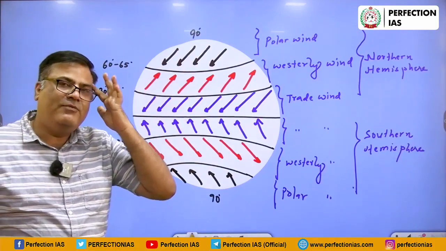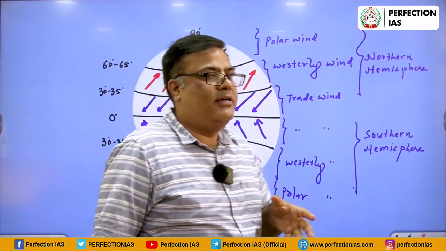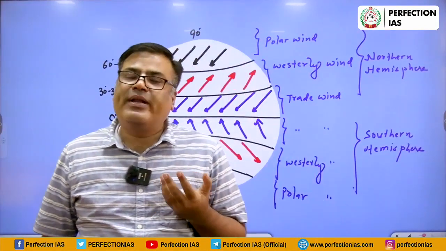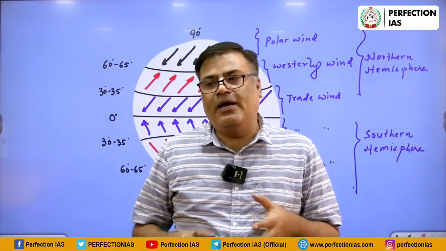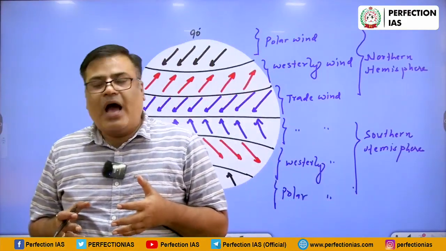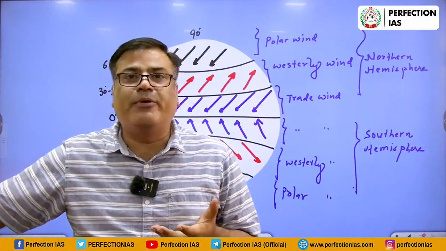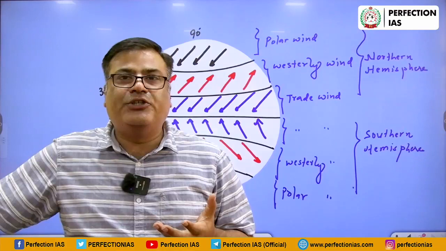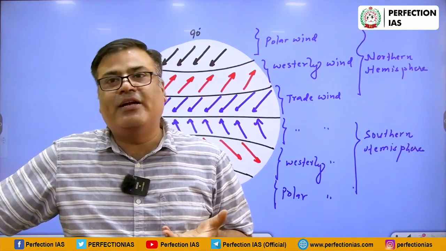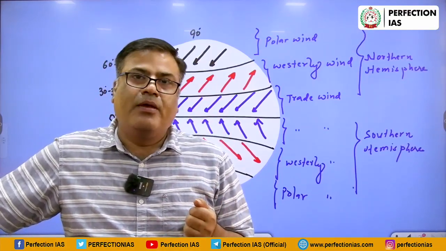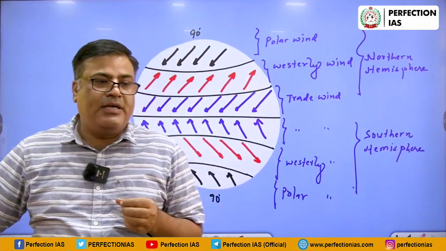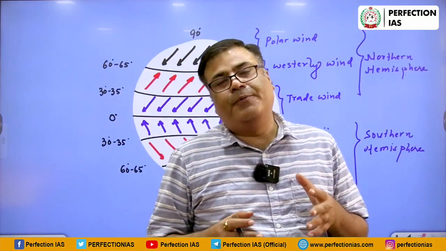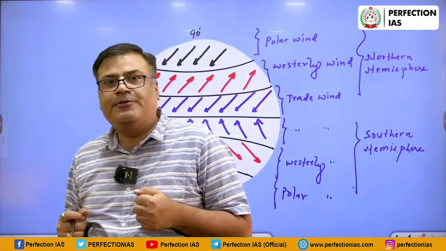Now one by one we need to understand trade winds: originating from where, going where, and what kind of effect they have on the local weather conditions. Are these responsible for modification of weather conditions or formation of climatic conditions of a given area? Have you ever thought that these trade winds are responsible for the formation of the equatorial type of climate?